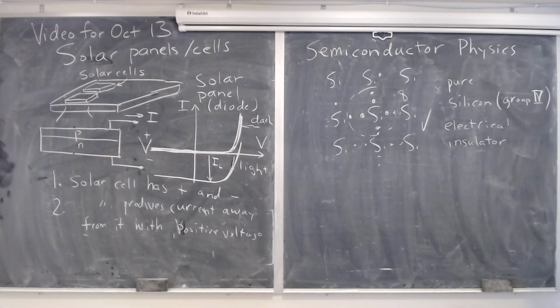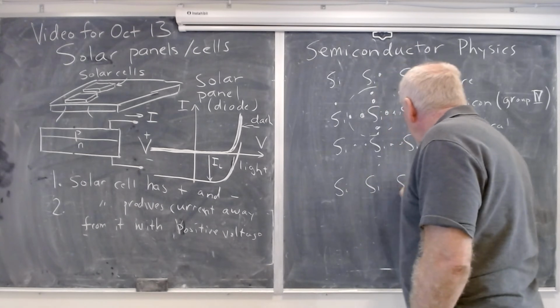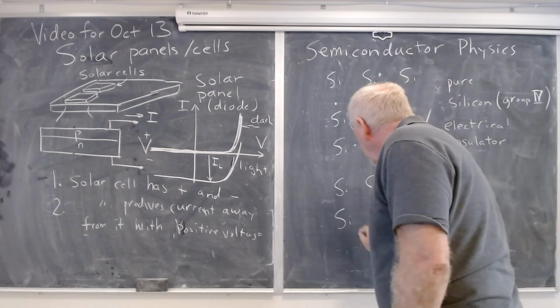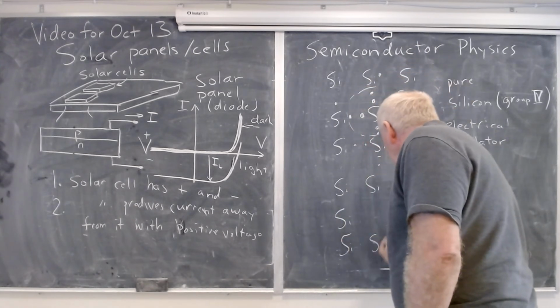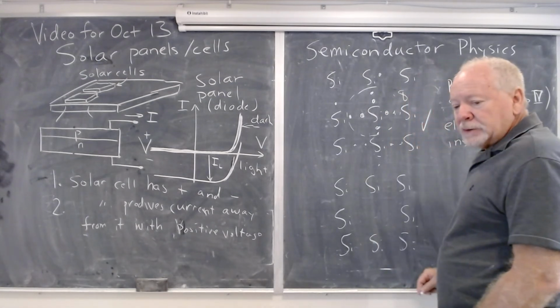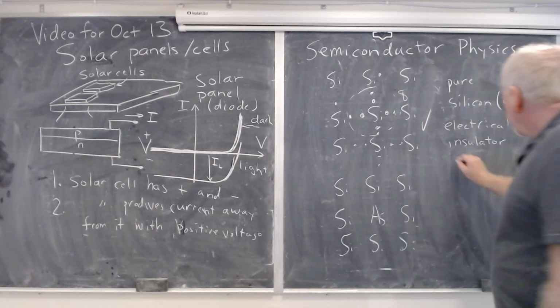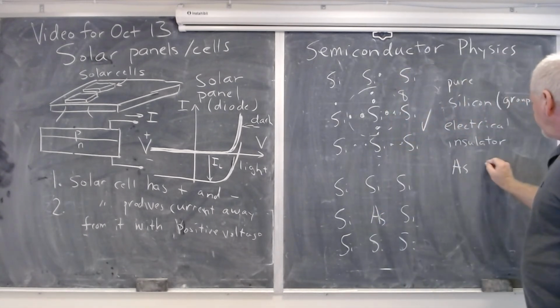Now let's say I take this silicon solid and I replace one of the silicons with an arsenic atom. Now arsenic is group 5.